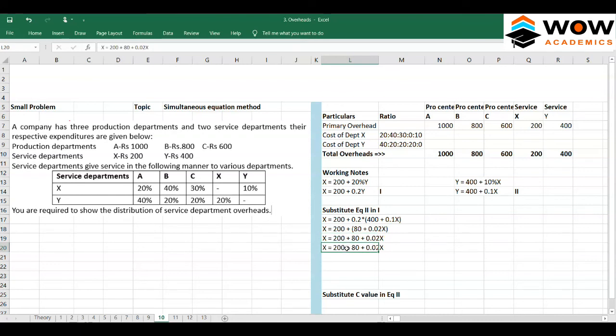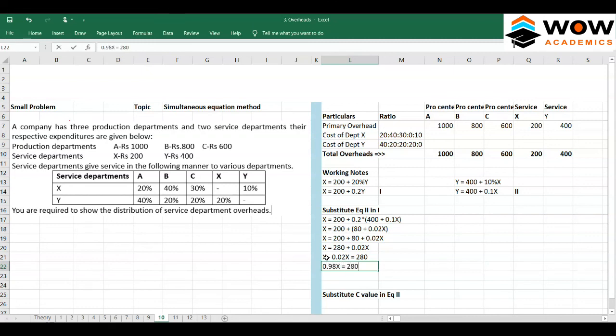So 200 plus 80 will become 280, and this 0.02x can go to the opposite side, and now x minus 0.02x will become 0.98x, which is equal to 280.